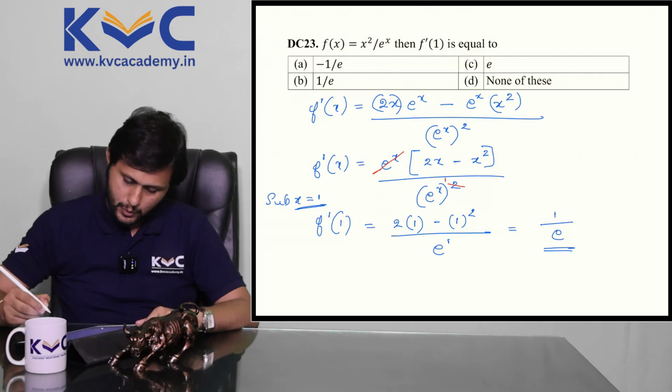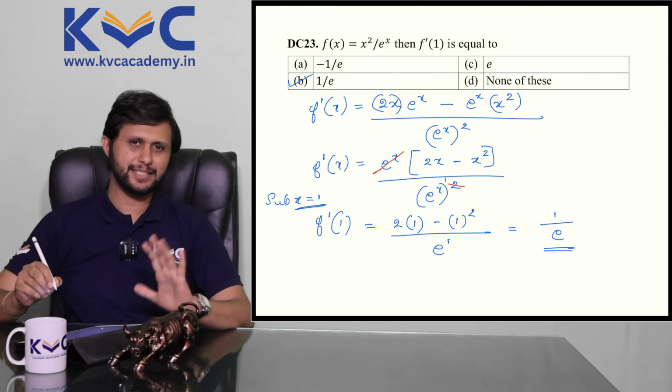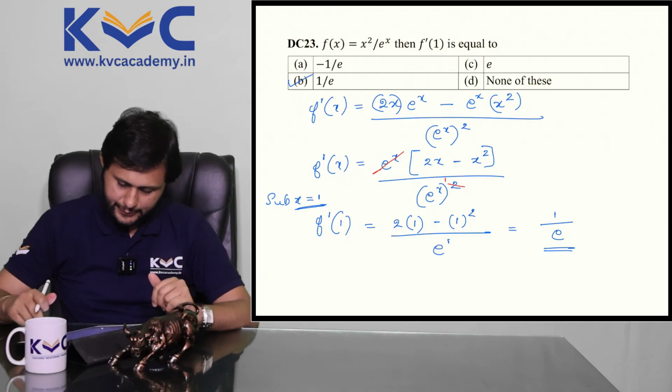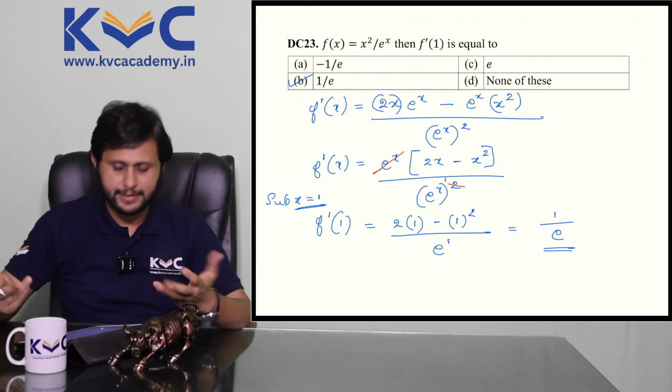Final answer: 1 divided by e. So when substitution is there, we can actually reduce the simplification also. Even if you had not cancelled, that would have been still the same anyway.